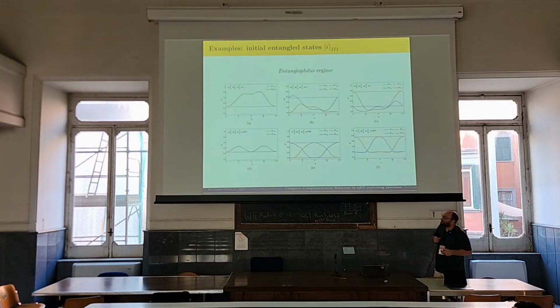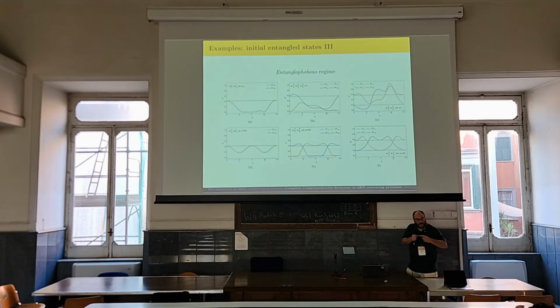But if we start with a state that is initially entangled before the scattering, we can distinguish three different regimes. One regime in which entanglement is reduced with respect to the initial one.